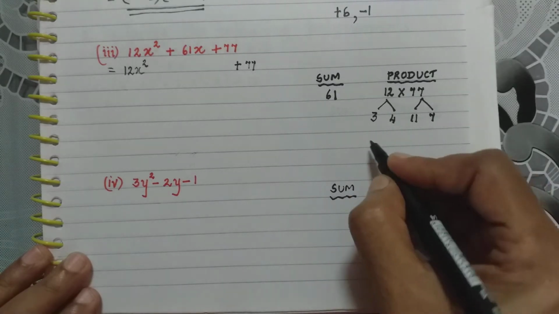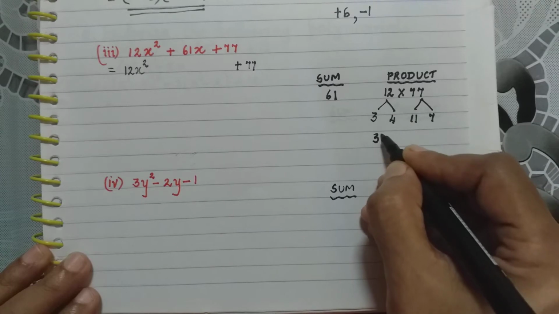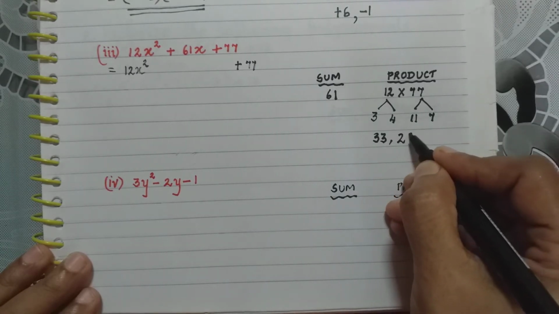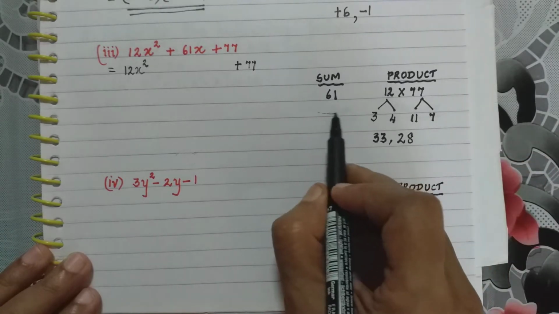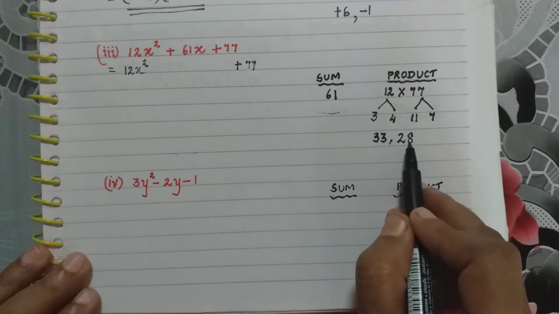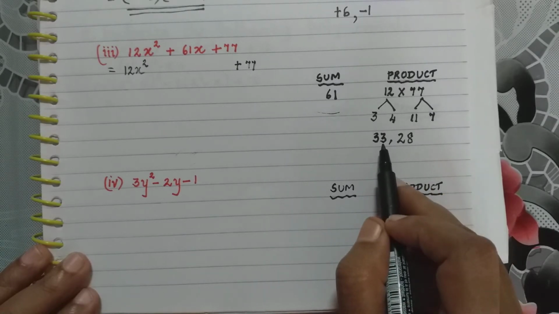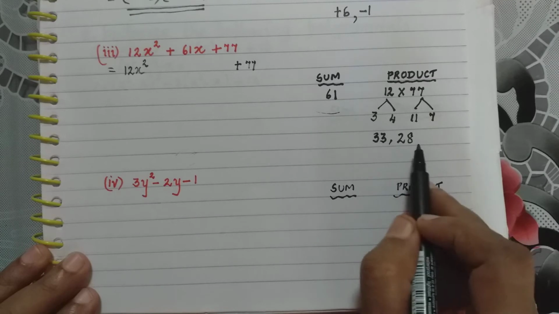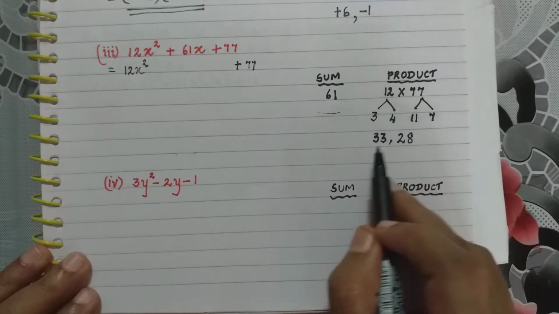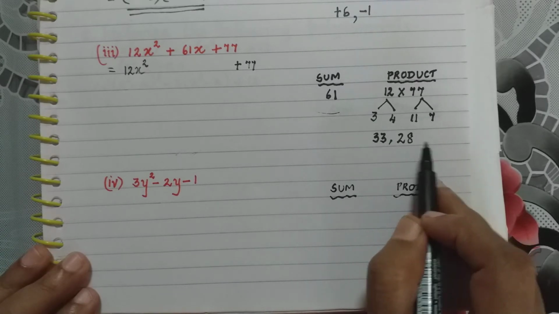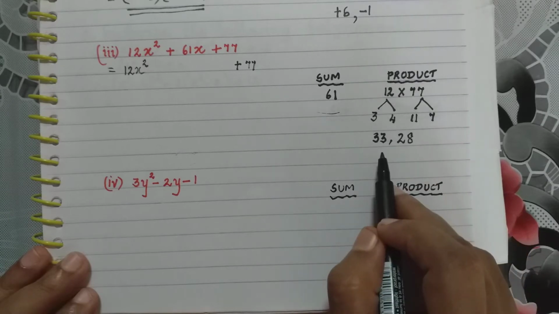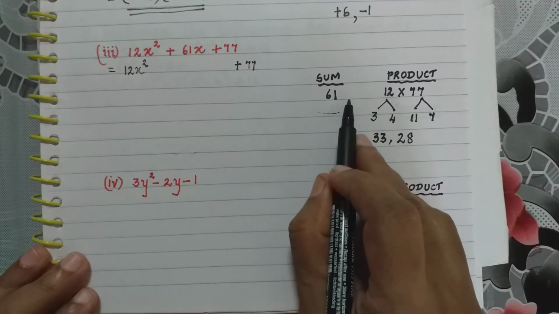So if I have 33 and 4 into 7, which is 28, can I get the sum 61? 30 plus 20 is 50. 3 plus 8 is 11. So 50 plus 11 is 61. So we are getting the sum 61.